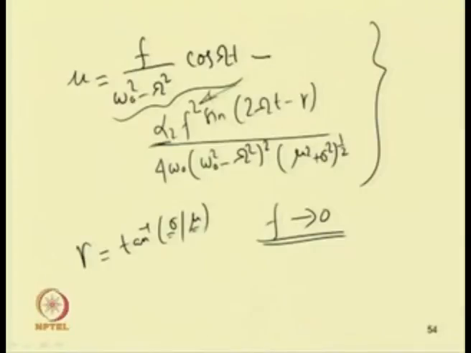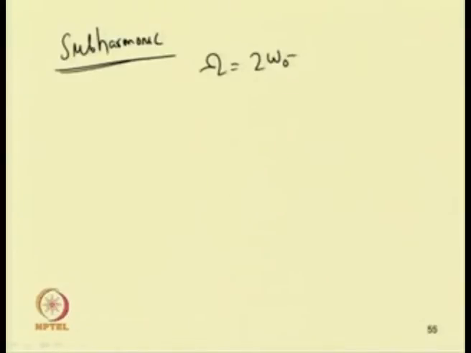Similarly, in case of subharmonic resonance, one can take omega equal to 2 omega 0 plus epsilon sigma, and one can see the roots of the characteristic equation, or roots of the response, can be obtained in this way.